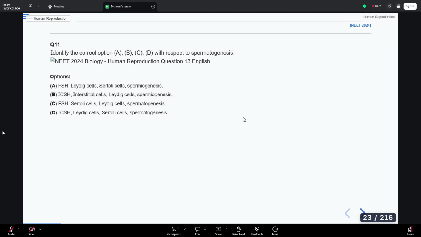Coming to the next question. Identify the correct option with respect to spermatogenesis. The options are: FSH, Leydig cells, Sertoli cells, spermiogenesis; ICSH, interstitial cells, Leydig cells, spermiogenesis; FSH, Sertoli cells, Leydig cells, spermatogenesis; ICSH, Leydig cells, Sertoli cells, spermatogenesis.